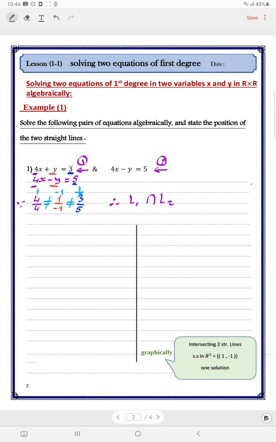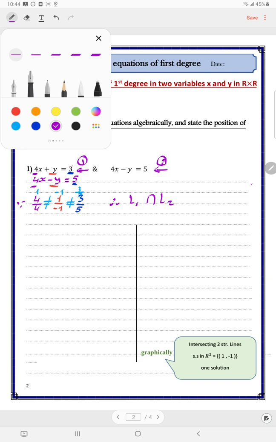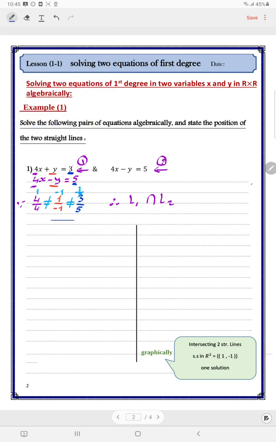So how do we continue solving to find the intersection point, the solution set of the two straight lines? I have two methods. You can use any one of them as you like: the substituting method and the omitting method. First, the substituting method.